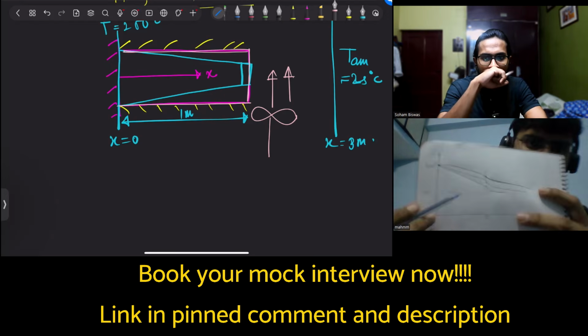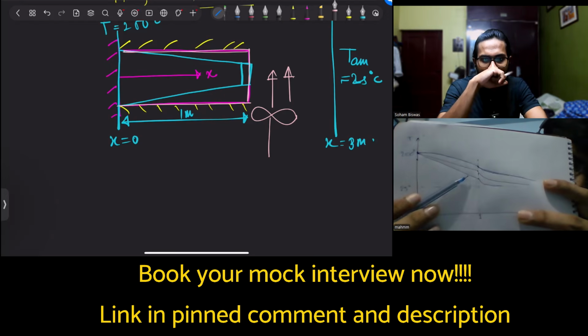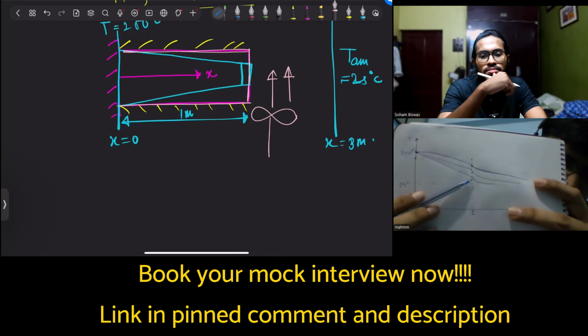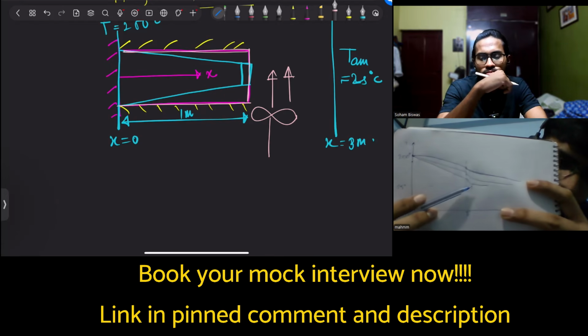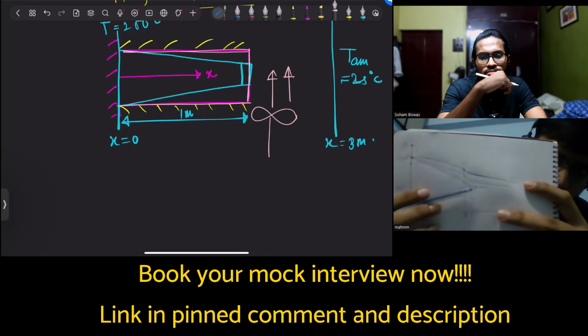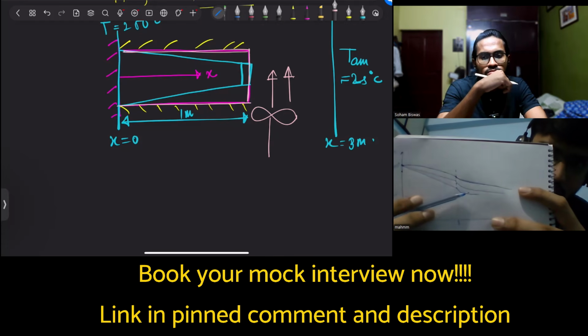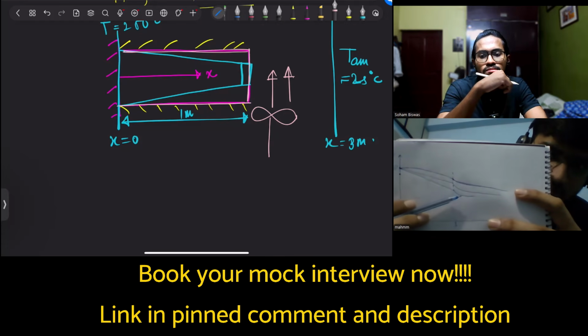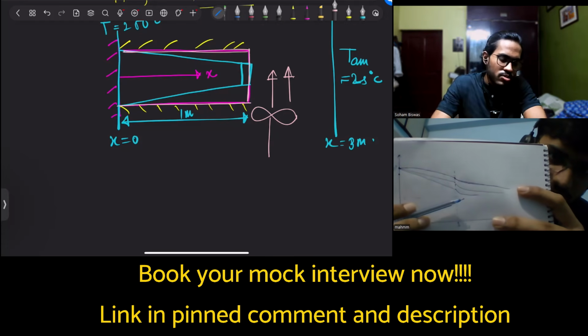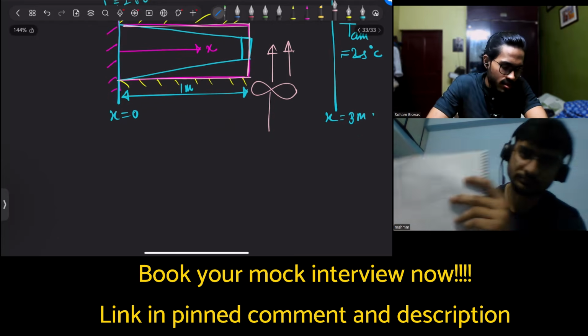It will be like this. The temperature at the end will decrease, and the thermal boundary layer in the air will decrease. Okay, so you talked about the thermal boundary layer.